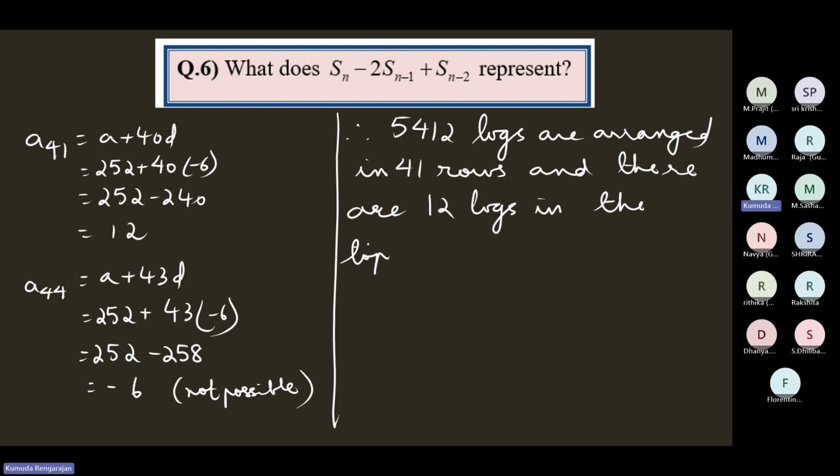That is the 41st row, the top row. We have to answer these two questions. How many rows? 41 rows. And what is the number of logs in the 41st row, the top row? 12. For that, you'll have to find A41. Please complete, children.